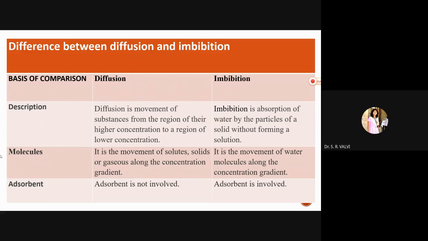Please remember, in imbibition only water molecules move along the concentration gradient. Third point, adsorbent. In diffusion, no adsorbent is involved. In case of imbibition, an adsorbent is involved. Seed is the adsorbent as well as wood is the adsorbent.